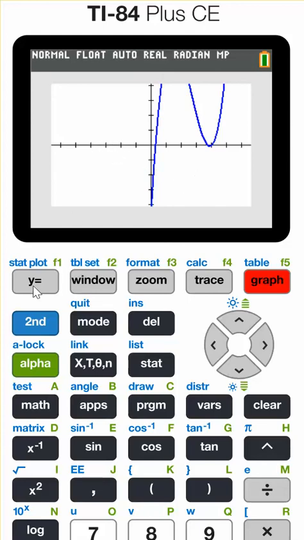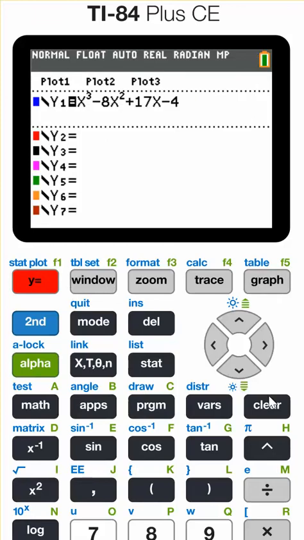So let me go ahead and clear out y. So here, this was x squared minus 4x plus 3, and then divide x plus 1.